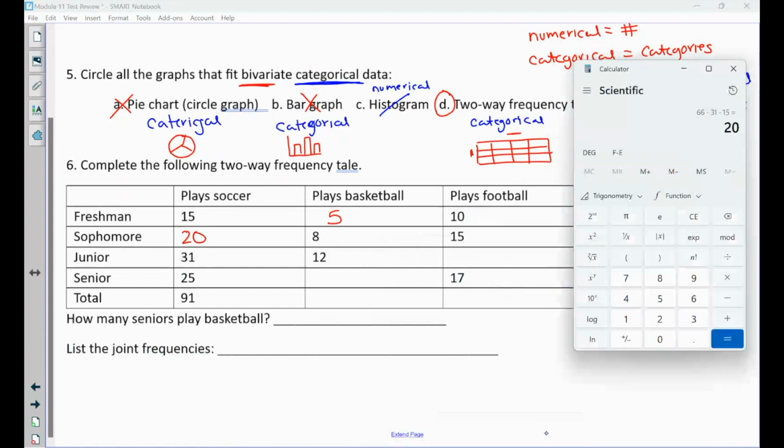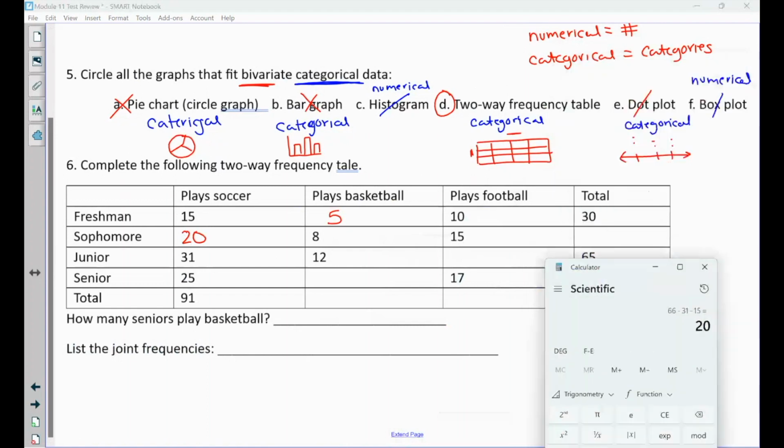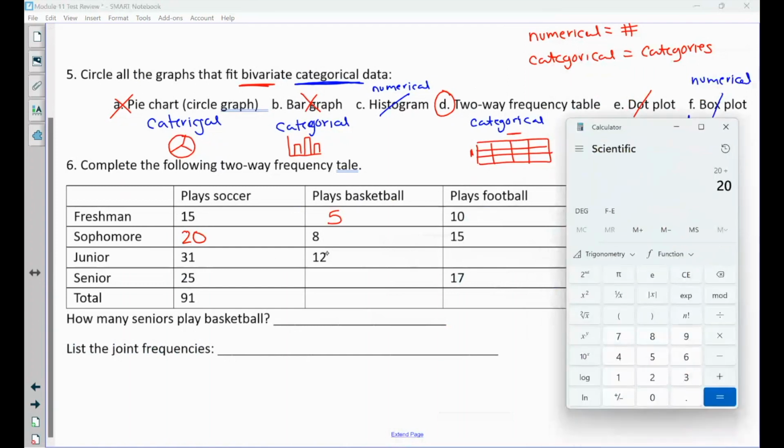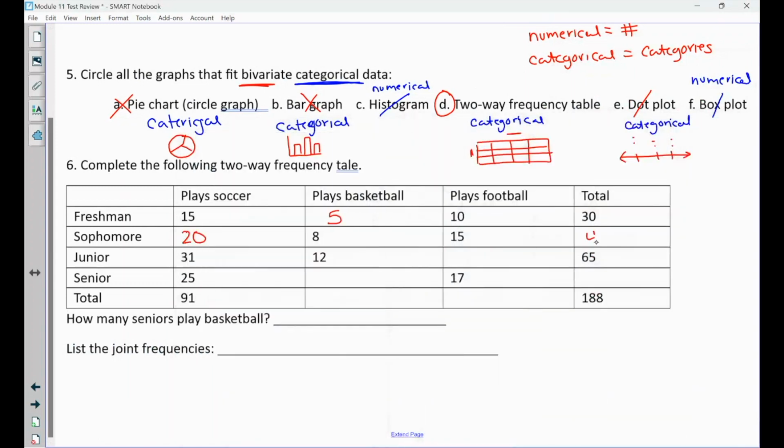We can also add up our total number of sophomores: 20 plus our 8 over here, and our 15 gets us a total of 43 sophomores. Now that our table's filled out, we can answer the question: how many seniors play basketball? Going to seniors and basketball, that's only 8 seniors.